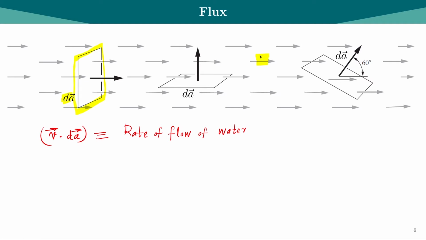In the first case, the frame is perpendicular to the direction of flow. In this case, the rate of flow will be finite. Whereas in the second case, the frame is parallel to the direction of flow. In this case, the rate of flow will be equal to 0 since v dot dA is equal to 0.